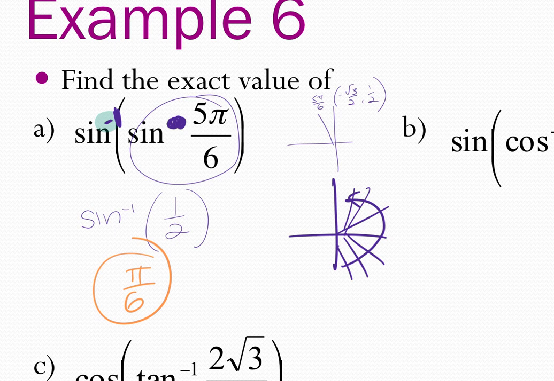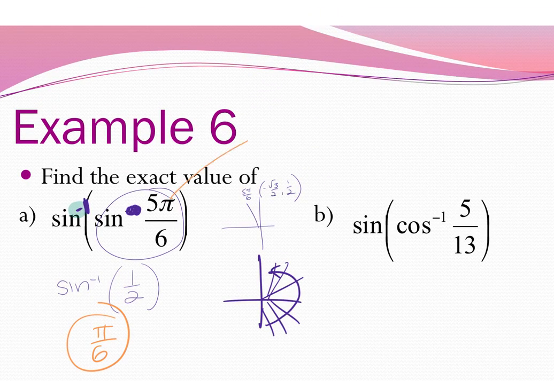So think about how this changes if that was negative. Let's say it said sine -1 of 11 pi over 6. Actually, let's change this. Let's do this one: sine -1 of sine of 7 pi over 6. Oh, I didn't write another sine. Sorry, hang on. So start innermost parentheses first.